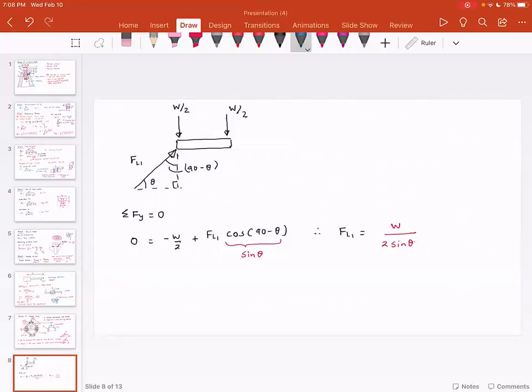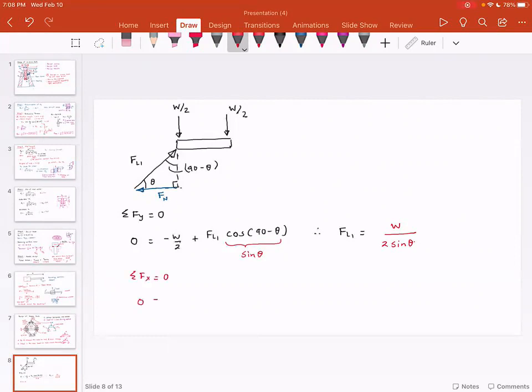Now let's look at the force in the screw. This is our force in the nut, Fn. Summation of forces in the x direction is equal to 0.